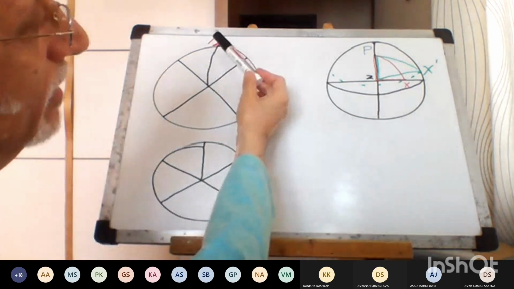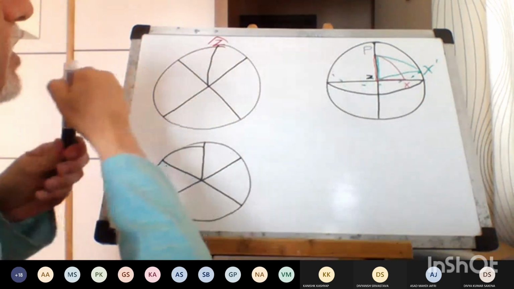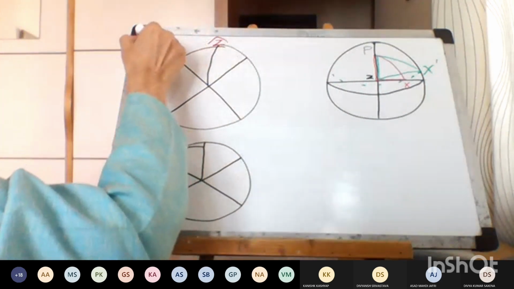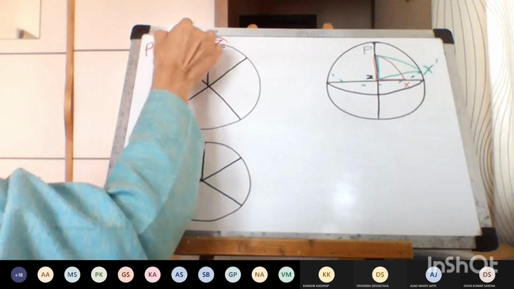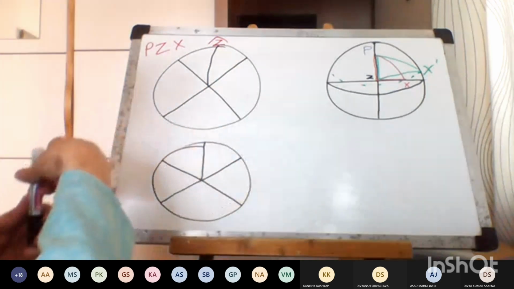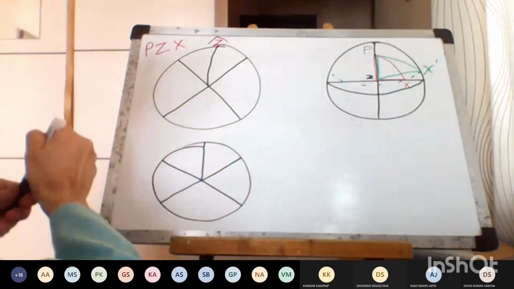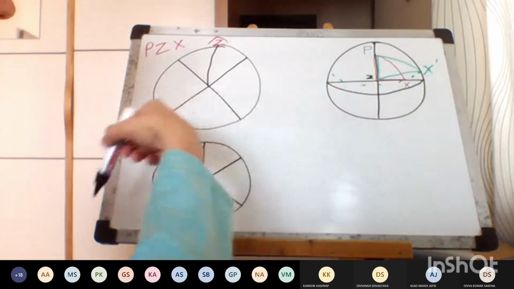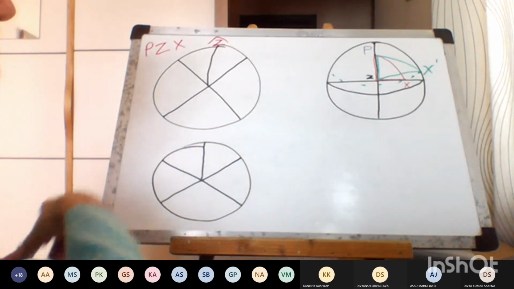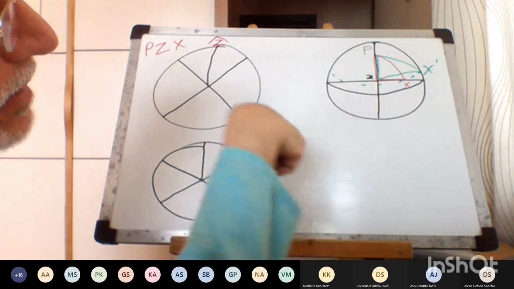So Z is the angle in the triangle PZX. What comes after Z? Let us go clockwise.